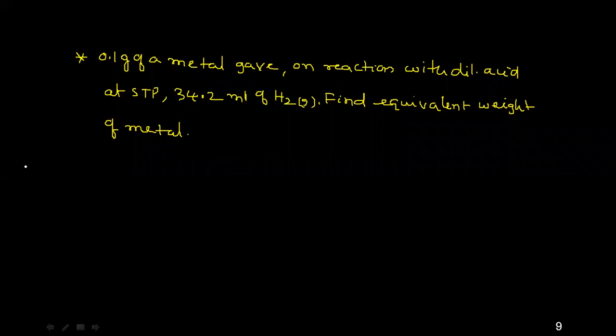0.1 grams of a metal gave on reaction with dilute acid at STP 34.2 ml of hydrogen gas. Find the equivalent weight of the metal. So here use the law of equivalence.